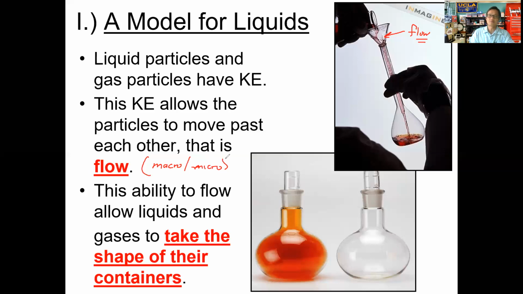We can explain why this is happening. Imagine this is our liquid here. The liquid particles are moving around constantly, so they have kinetic energy. This is what's happening in one droplet: the liquid particles are moving around. And we noticed that with the gases as well.